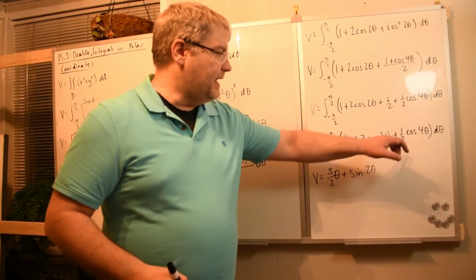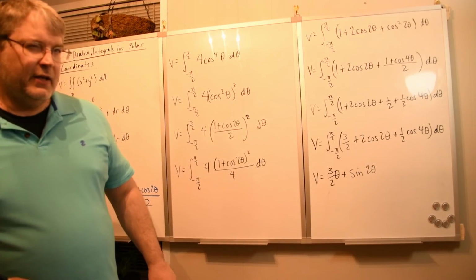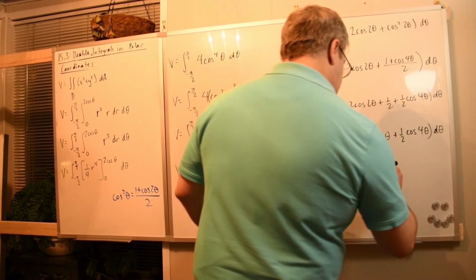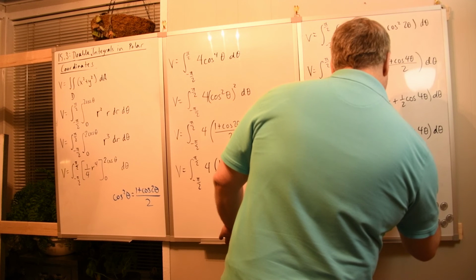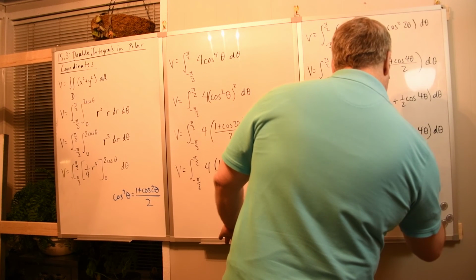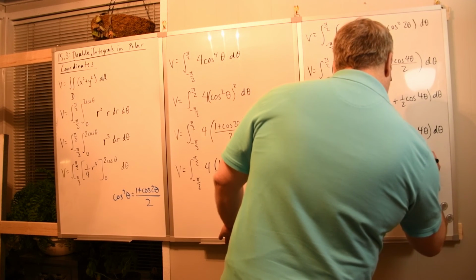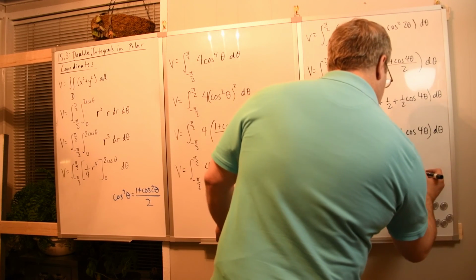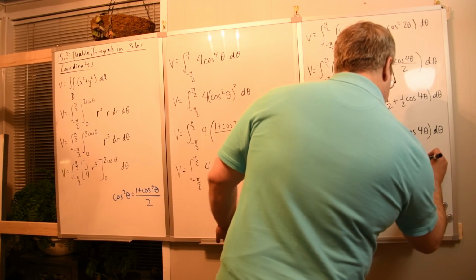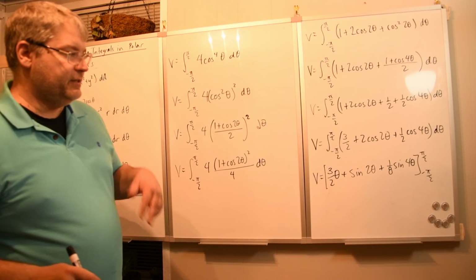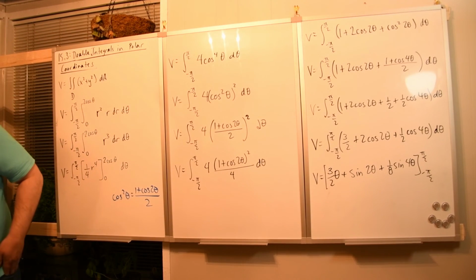And then you'll have the 1/2 times sine 4 theta over 4. That'll give you 1/8 sine 4 theta. And remember, theta is ranging from negative pi over 2 to positive pi over 2 here.